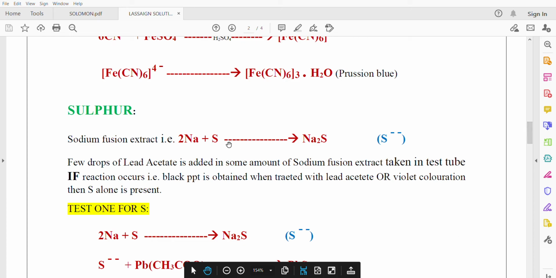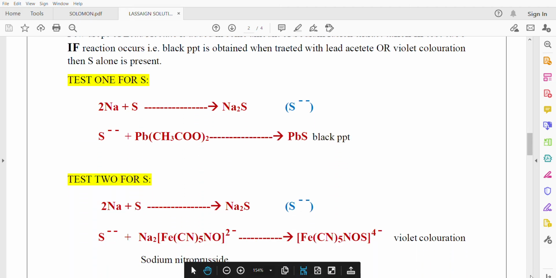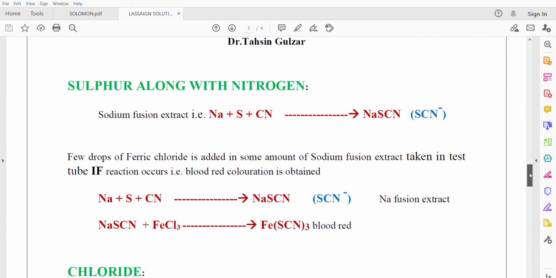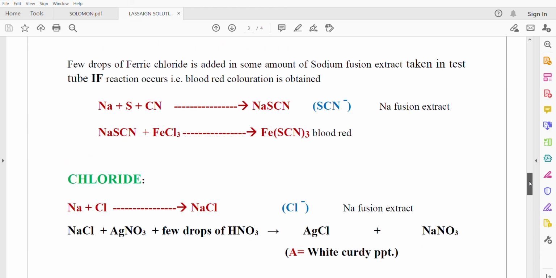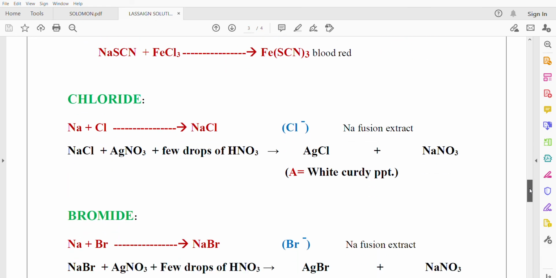And here a mistake: lead acetate, black PPT, sulfide is present, and here it should be sodium nitroprusside. It was sodium nitroprusside, and we get violet coloration, sulfide is present, and blood red coloration when ferric chloride is poured into the sodium extract.